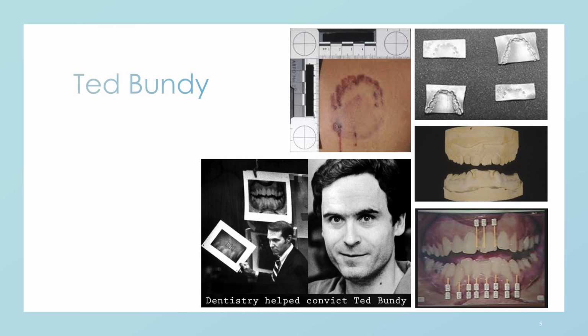Bundy also sexually assaulted Levy and bit her, leaving clear bite marks. Bundy was recaptured in February of 1978 and eventually went to trial for the Chi Omega murders. The prosecution used bite mark analysis, a form of forensic dentistry, to match Bundy's choppers to the victim's bite marks, which was instrumental in his conviction.